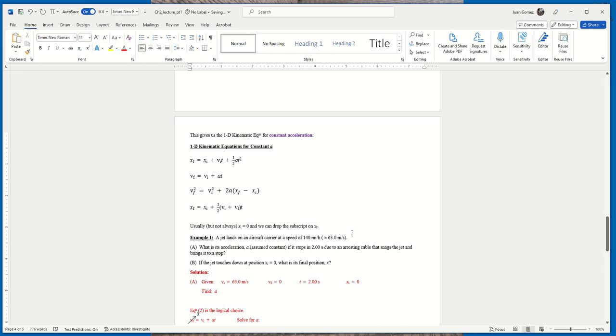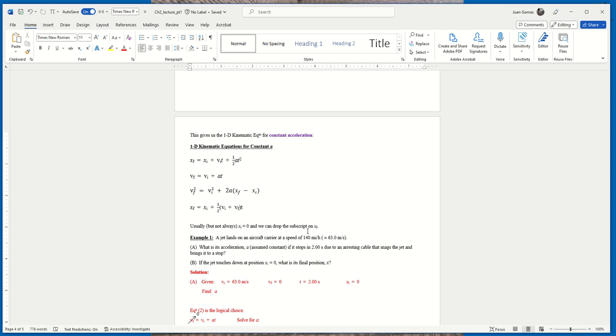Equation 2: vf equals vi plus at, where f is final and i is initial. Equation 3: vf squared equals vi squared plus 2a times (xf minus xi). Fourth equation: xf equals xi plus 1/2 (vi plus vf) times t.